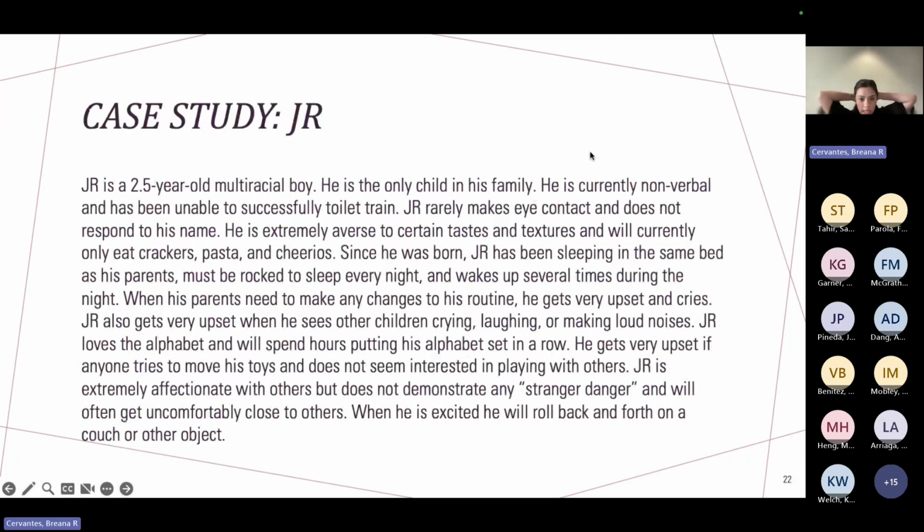Okay, so here's a case study. I just want you to think about the general two-pronged criteria. Criterion A is having some sort of social communication and interaction deficit. Criterion B is those RRBs, and it can either be repetitive motor behavior or sensory behavior, or it can be a restricted range of interests or inability to expand past their usual ritual.